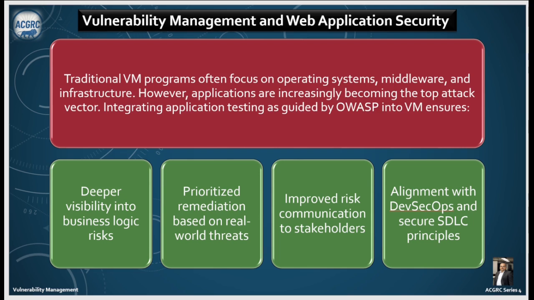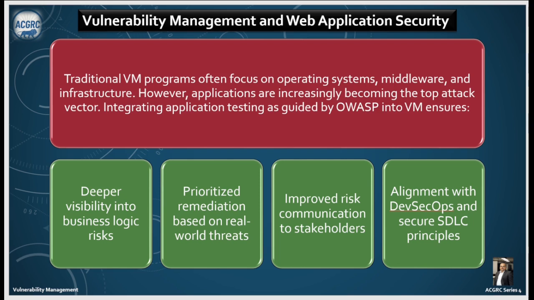What is web application security? Well, it's about protecting websites and online apps from attacks. It includes stopping hackers from stealing data, making sure users can only do what they are supposed to, and fixing coding mistakes before someone exploits them. Now, where does vulnerability management come in?